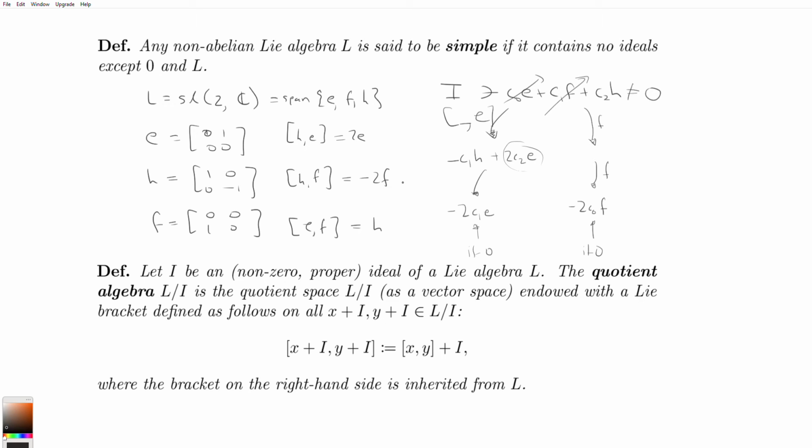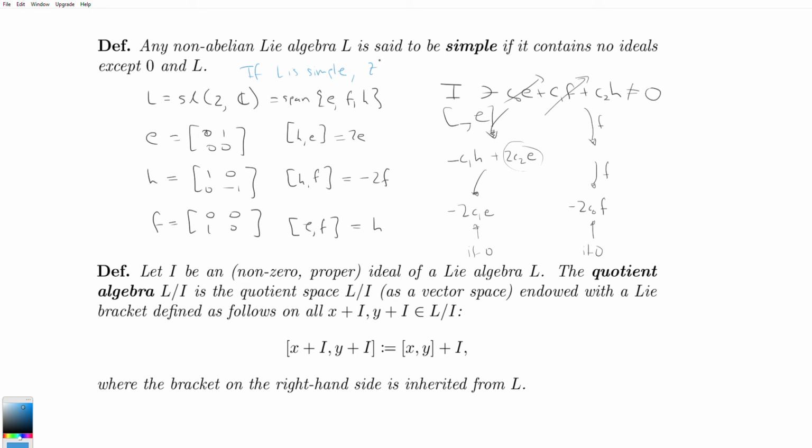Just some remarks. If L is simple, let me change colors here actually. If L is simple, let's go to blue. So if L is simple, recall the center is an ideal.